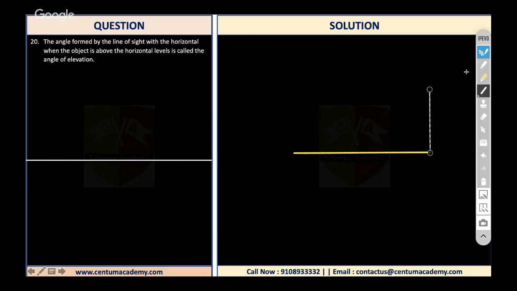Now let us say here is the observer at this height. And so hence this is the line of sight of this tip.